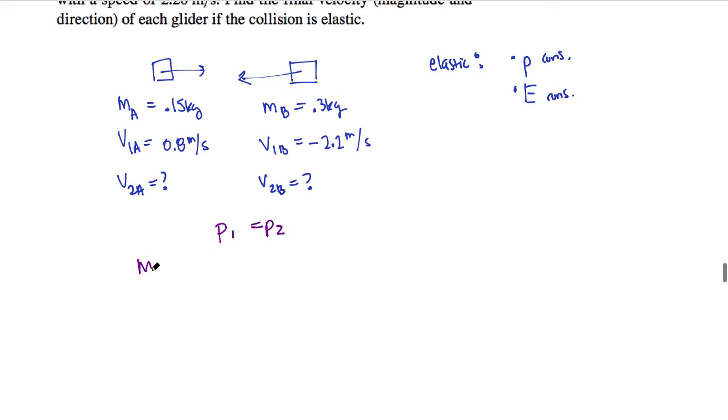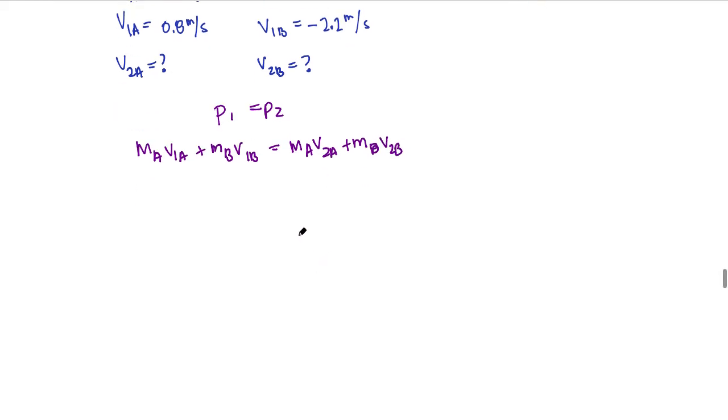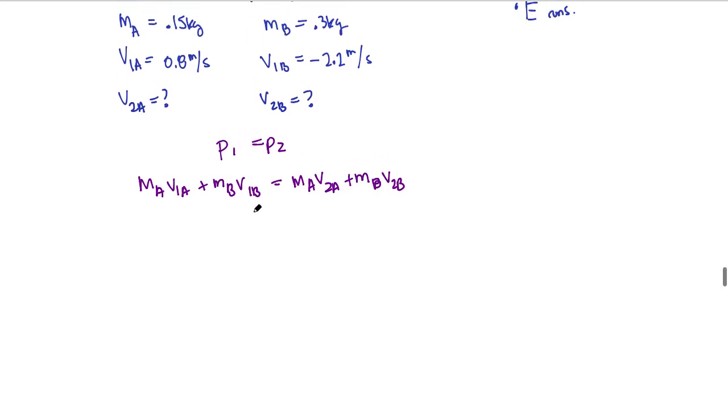So this would be mass of A times V1A plus mass of B times V1B is equal to mass A times its final velocity, V2A, plus mass of B times its final velocity, V2B. So here, none of these are 0. I can only do this to that degree.